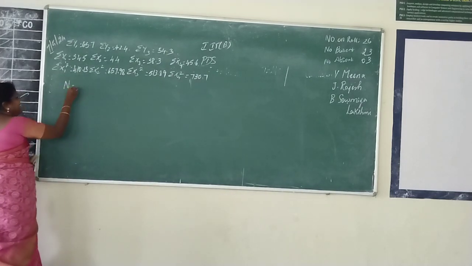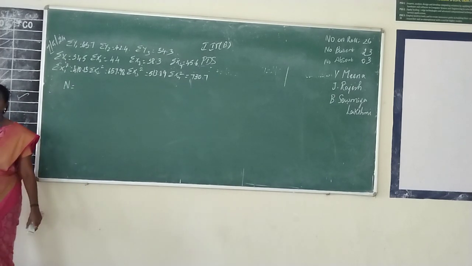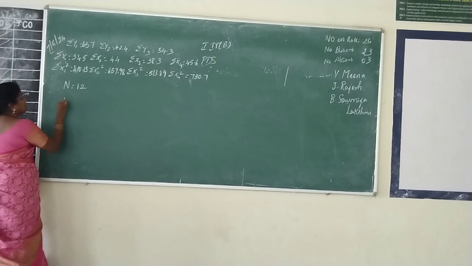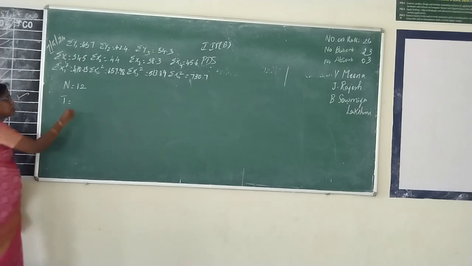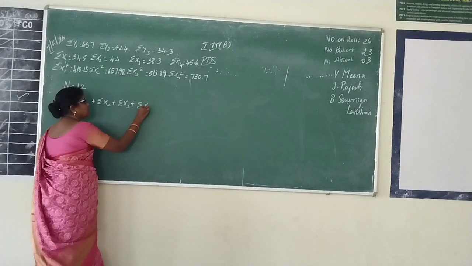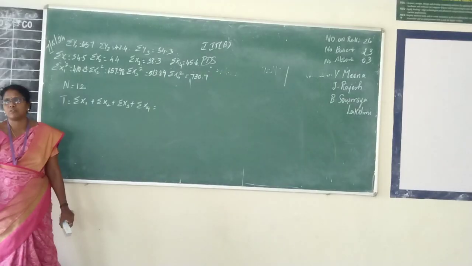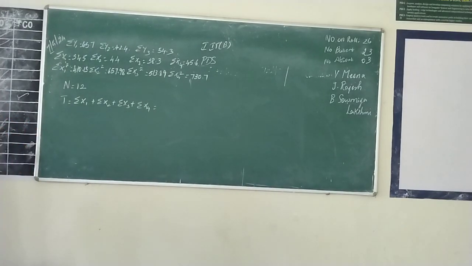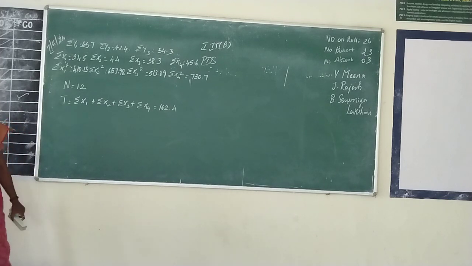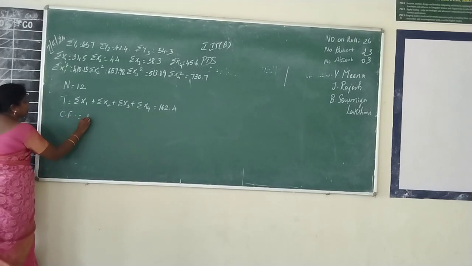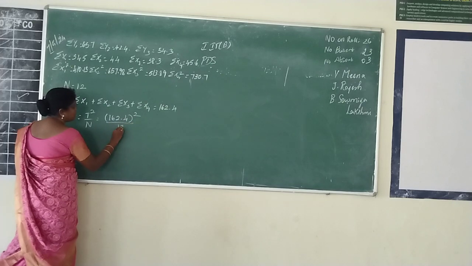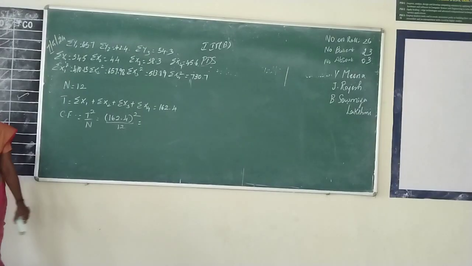N means number of observations, mark. It is only for the numerator. Don't make any mistake there.